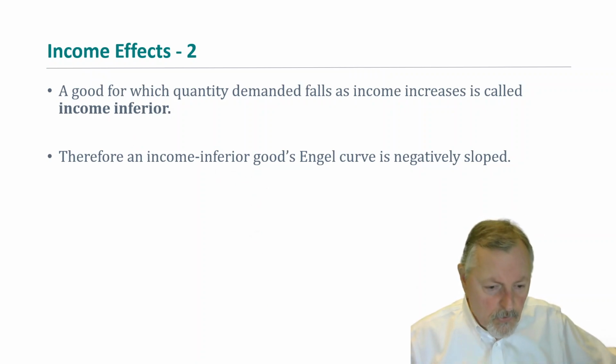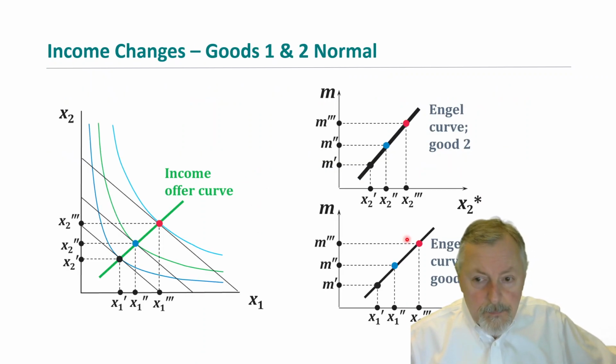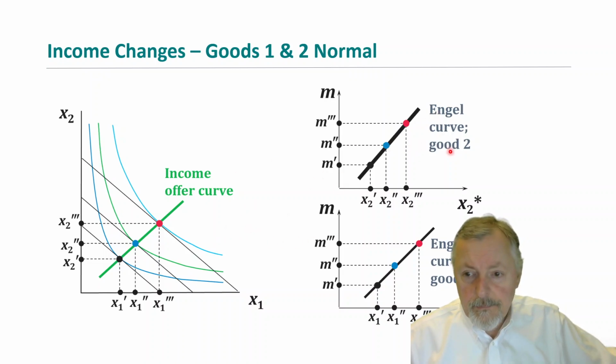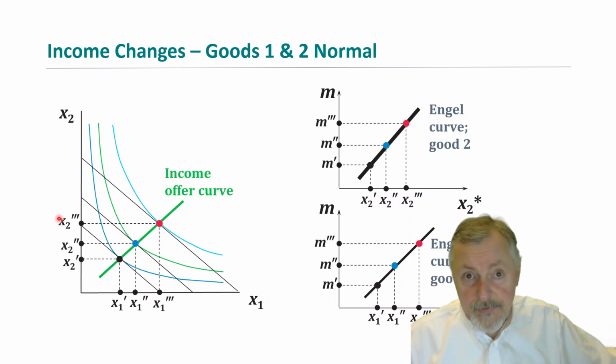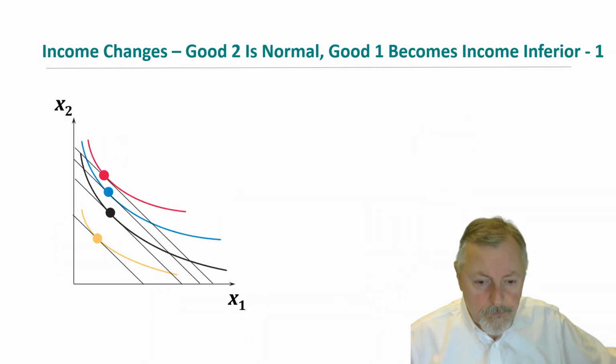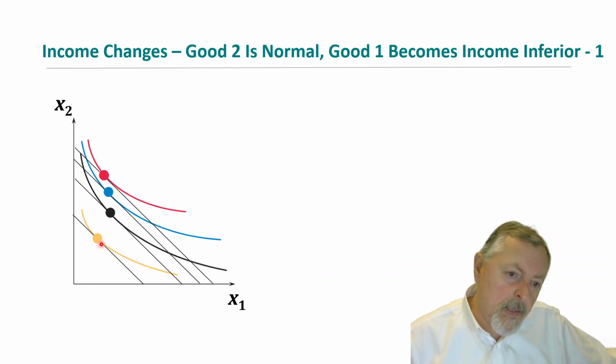So on an Engel curve, this is for a normal good, good 2 and good 1. As your income goes up, the budget line goes out, you'll buy more of commodity 1 and more of commodity 2. Here, as your income goes up, you move to this budget line, then that one, then that one.